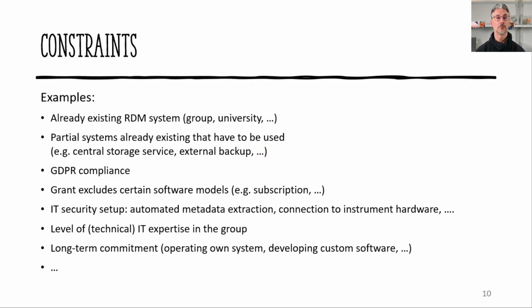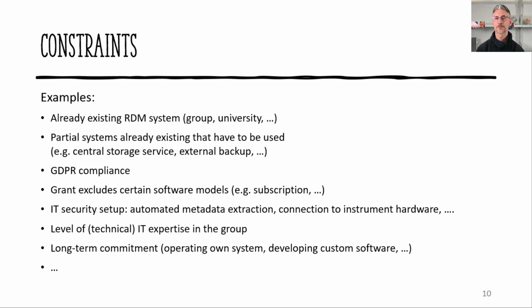For example, you may already have an existing RDM system in your group and your university, and you may or may not be forced to use that. If it's already there, it's good to evaluate if it fits your needs. But if it doesn't fit your need, it's also not good to try and force yourself into it. Maybe some parts of the system already exist that you have to use and you can't get funding for alternatives, for example, a central storage service or backups or whatever.